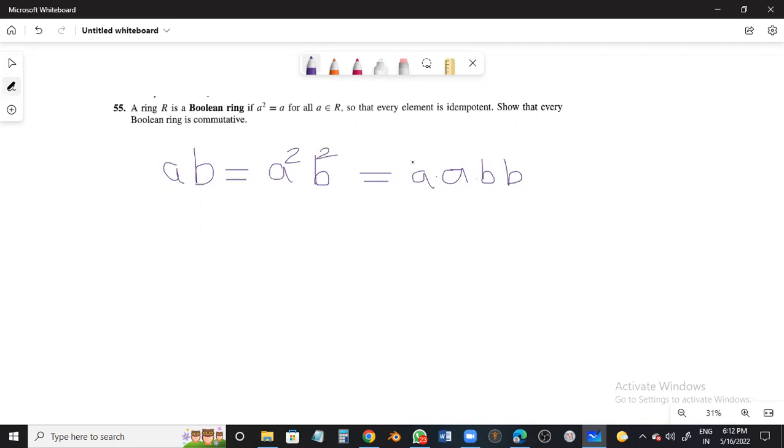At the same time, it is commutative also. I'm sorry, we want to show that it is commutative. We want to show it, but we want to use the idempotency of this particular. So what do we get over here? A as it is.